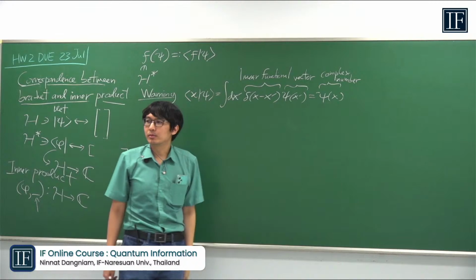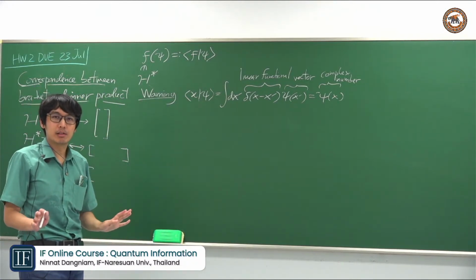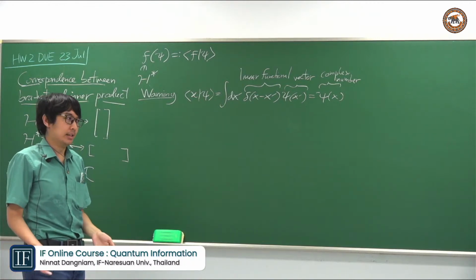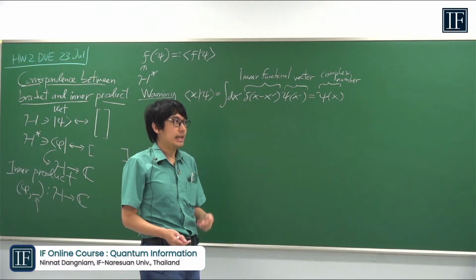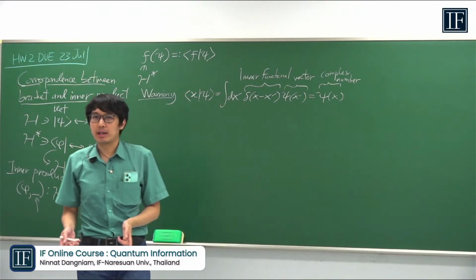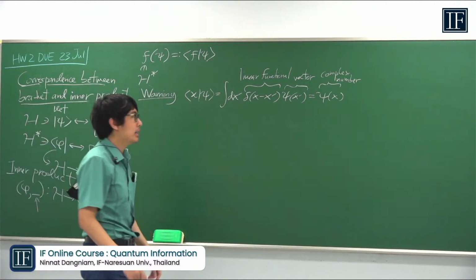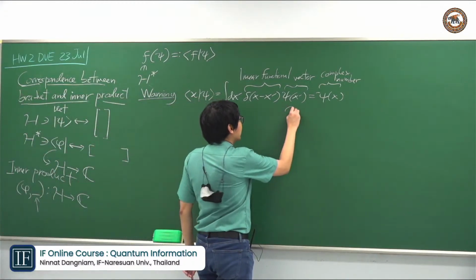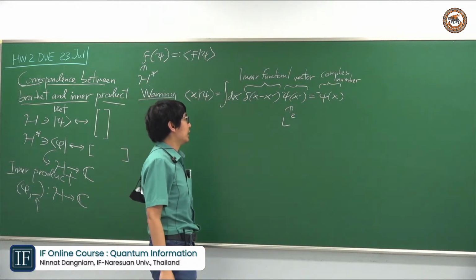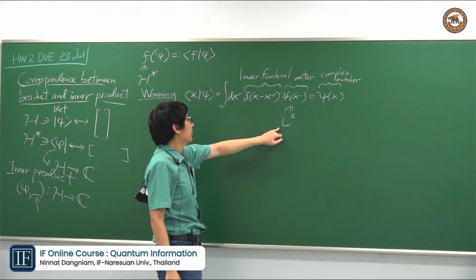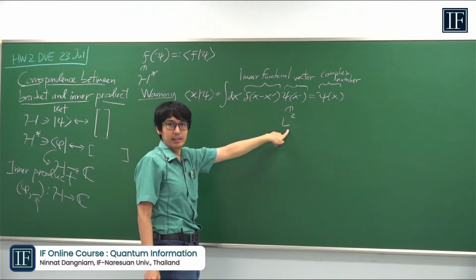Mathematically, there's nothing really wrong with not being square integrable, but in quantum mechanics, we would want our wave function to be square integrable. It's like the L2 space of functions, meaning square integrable. Not this guy. So the delta function is not really in this.